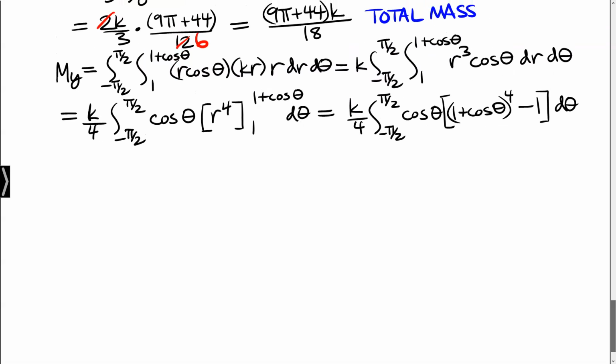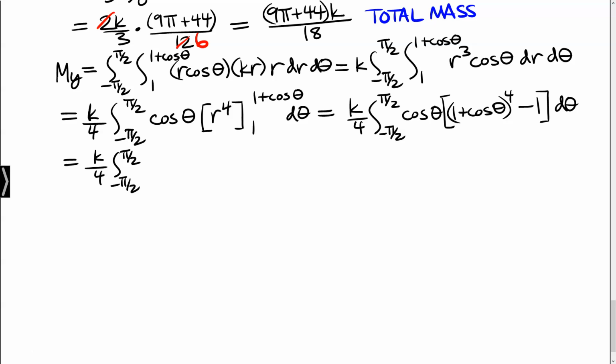All right. I think we have enough room here, just enough. K over 4, the integral from minus pi over 2 to pi over 2. Now again, you have to remember kind of the binomial theorem here. Inside the brackets, the coefficients are 1, 4, 6, 4, 1. So think of Pascal's triangle, 1, 1, 2, 1, 1, 3, 3, 1, 1, 4, 6, 4, 1.